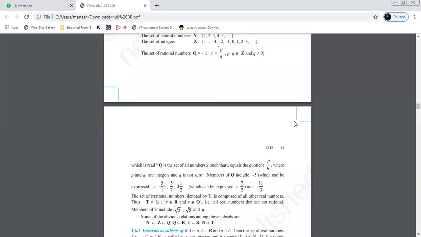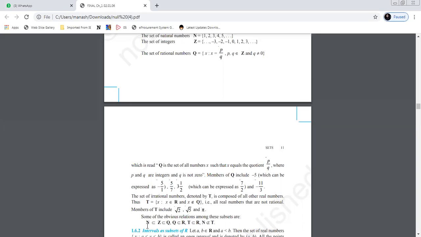No, because you know that the set of rational numbers, set of integers, set of natural numbers, and set of irrational numbers are all subsets of the set of real numbers.